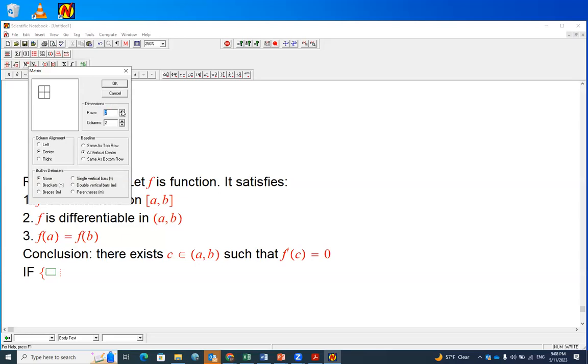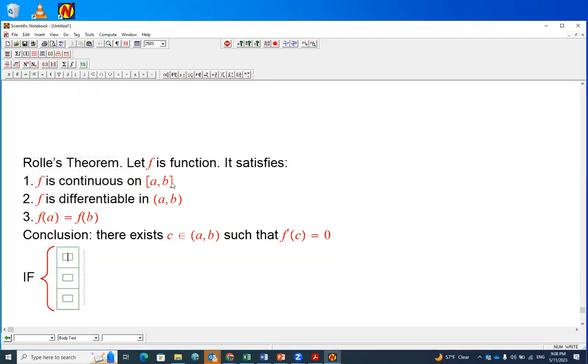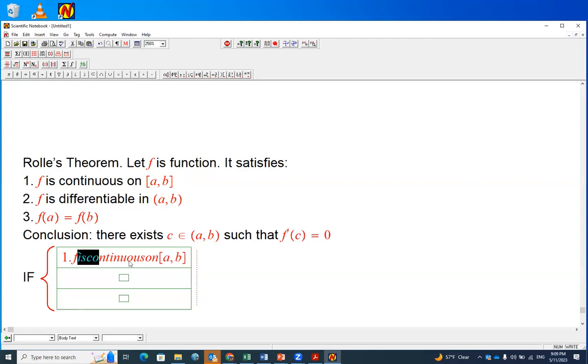So my intention is to show you the logical relationship. The first condition is continuous on that interval.